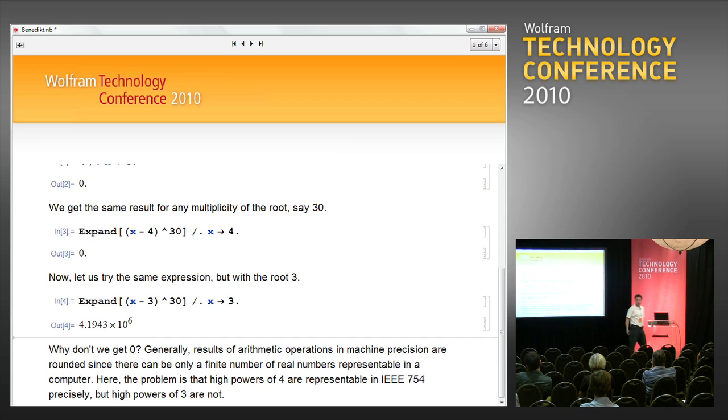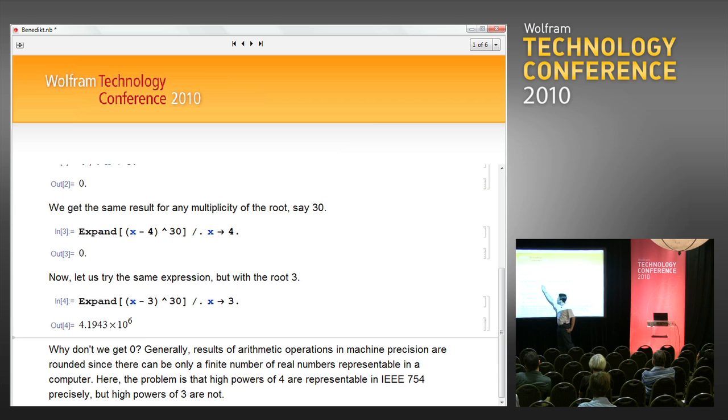I'm not going to analyze this example here, but I will just say that the problem is that when I expanded the polynomial, I have high powers of 4 here and 3 here, and high powers of 4 are representable in machine precision with no problem.